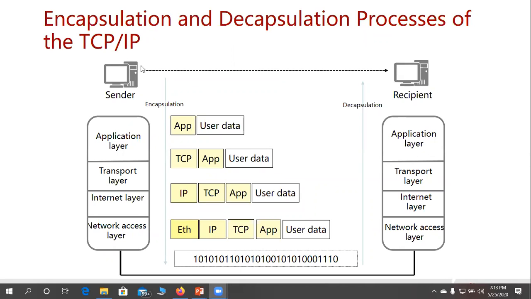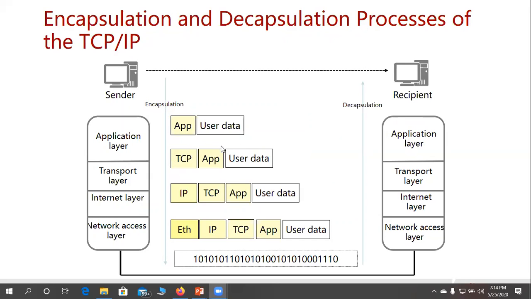Okay. So I talked about encapsulation and decapsulation already. This is the sender, this is the receiver, and you can see we're using now the TCP/IP model. So we have user data, okay? Now you can see when you come to the transport layer, we're going to add a TCP header. The process of adding this header is what we call encapsulation, okay?